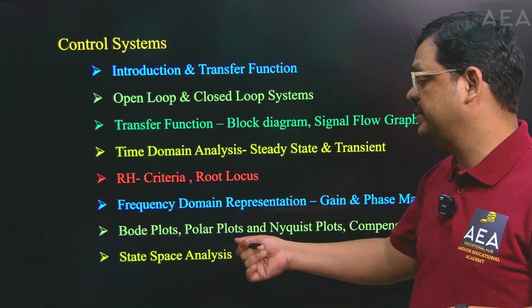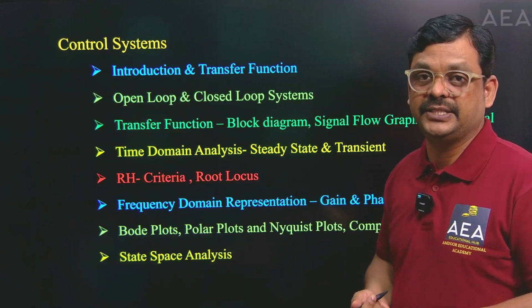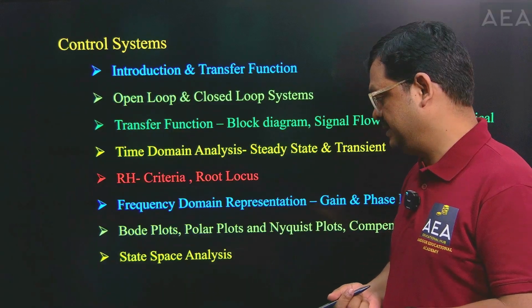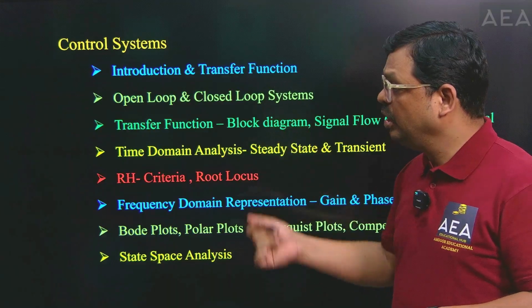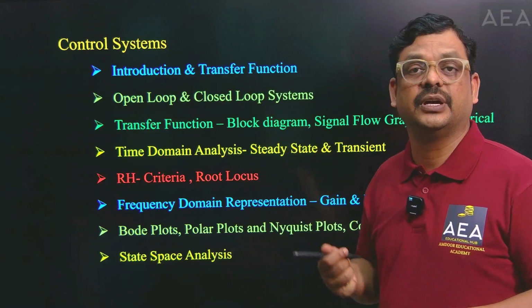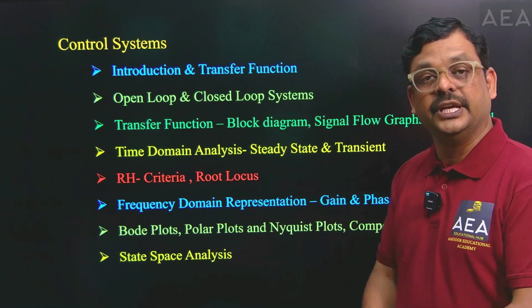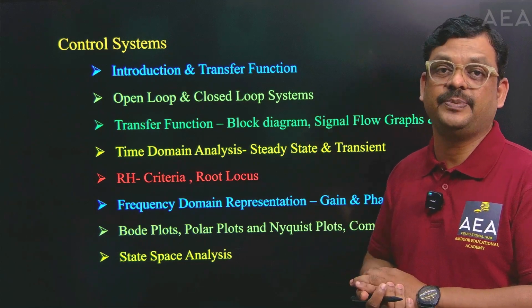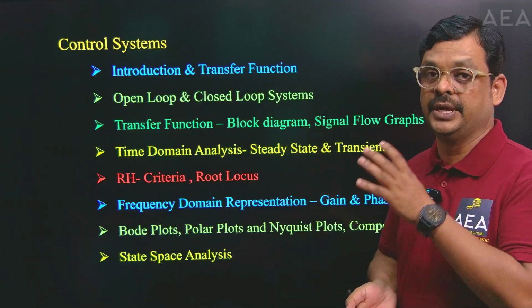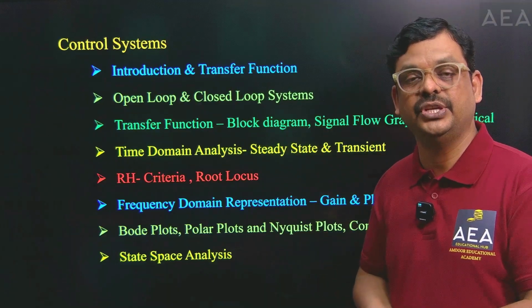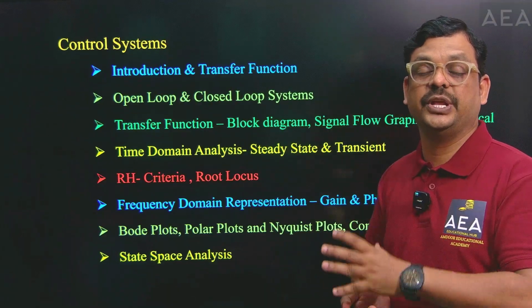Those concepts generally come under state space analysis. All these come under the control system subject, a very important subject, and especially from a competitive exams point of view, it is a scoring subject. Control systems and signals and systems, these two are generally scoring subjects.